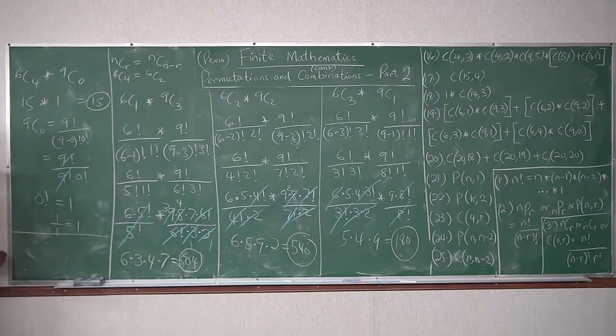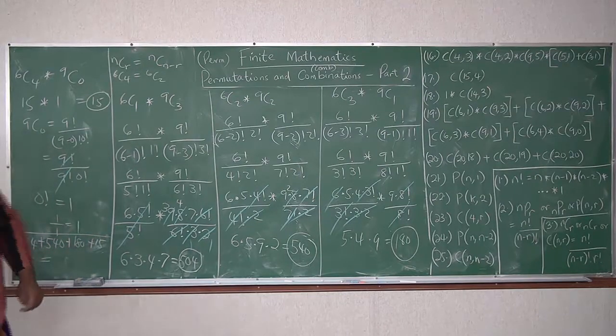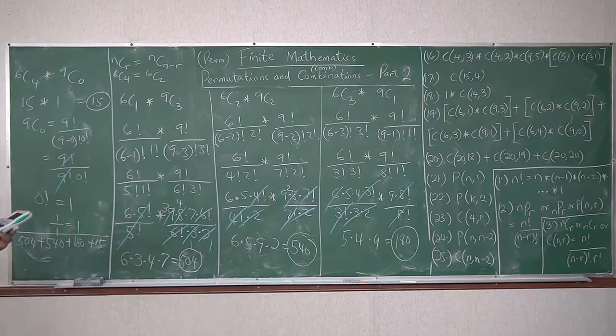504 plus 540 plus 180 plus 15 gives us what? For question 19, it gives us 1239.